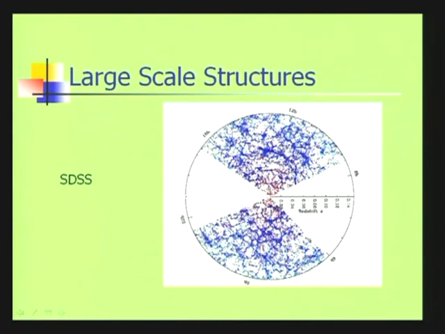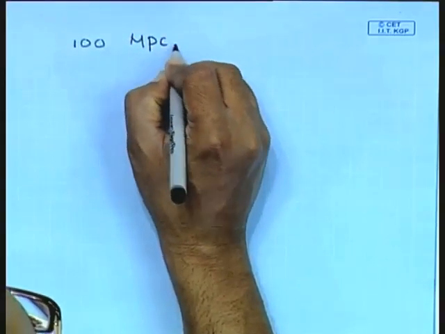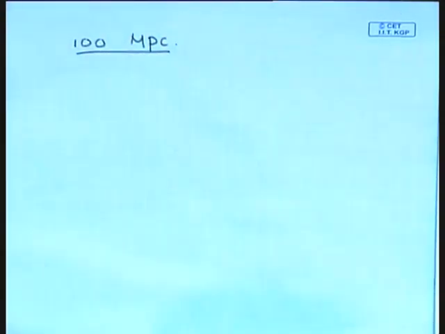There is a length scale, somewhere around 100 megaparsecs, maybe somewhat less, maybe somewhat more, beyond which the universe is homogeneous. But on smaller scales there are considerable amounts of structure, and the study of these structures is a very interesting topic itself, which we shall not go into in this course.